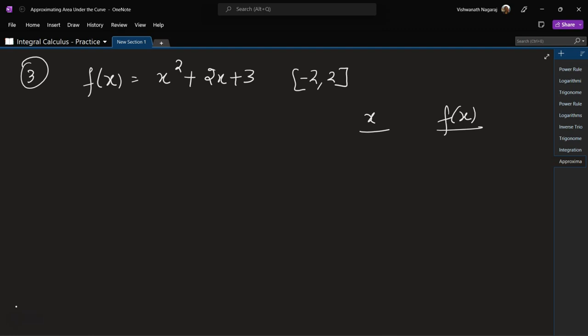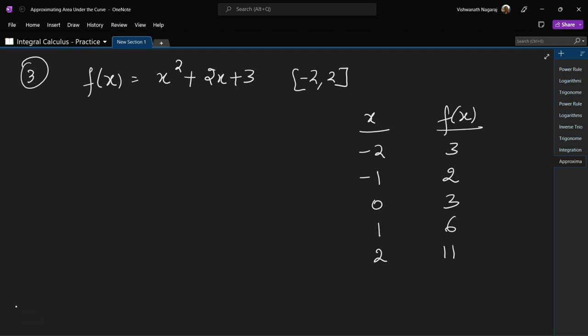So here again, we break it up into 4 parts. Minus 2 to minus 1, minus 1 to 0, 0 to 1, 1 to 2. So minus 2 will give us 3. Minus 1 will give us 2. 0 will give us 3. 1 will give us 6. And 2 will give us 11.